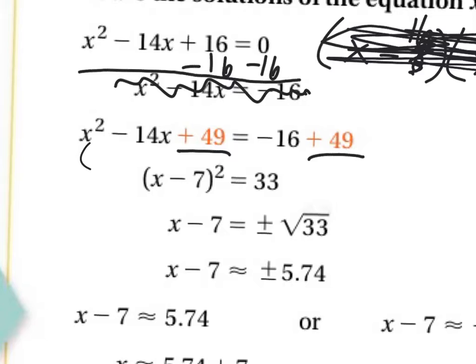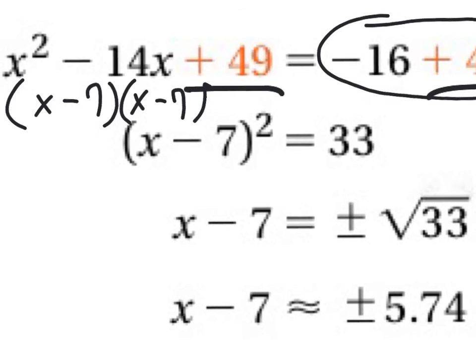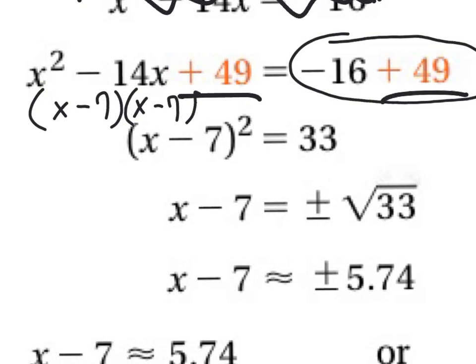And then this factors, they didn't really show it this way, but this factors would be x minus 7 times x minus 7, which is x minus 7 quantity squared. And then if you combine these together, you get 33. That's x minus 7 squared. So what we can do next is we can take the square root on both sides.